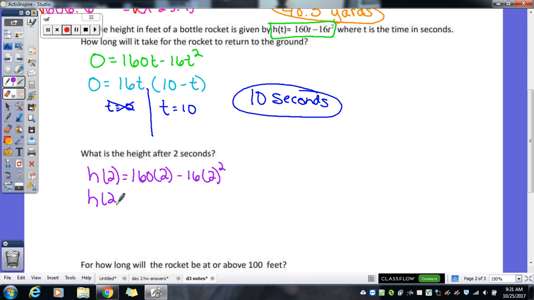So let's see here. 160 times 2 is 320. 2 squared is 4 times 16 would be 64. So 256. What is it? Do they tell us feet, yards, what? Feet. So it's 256 feet.